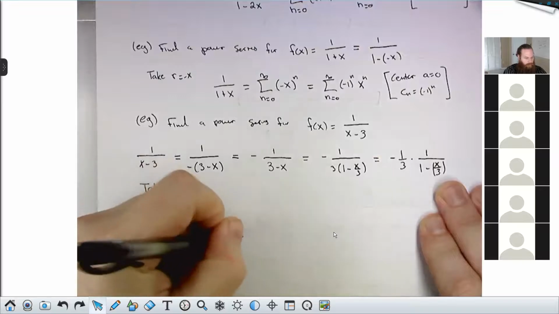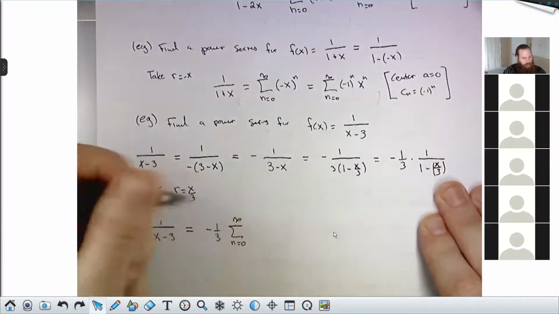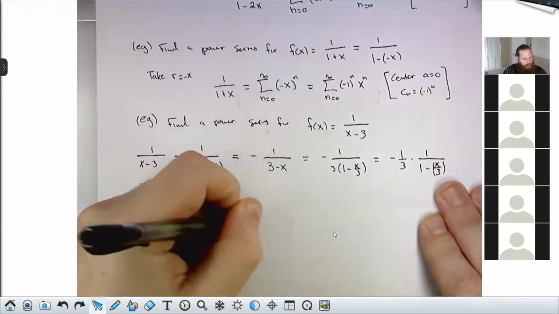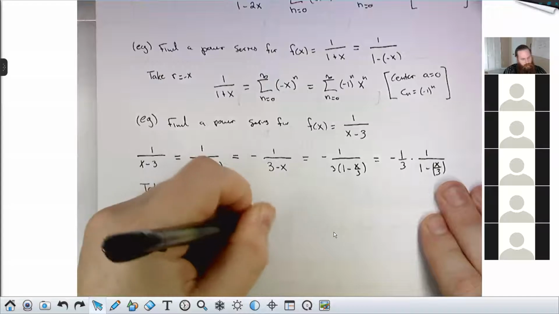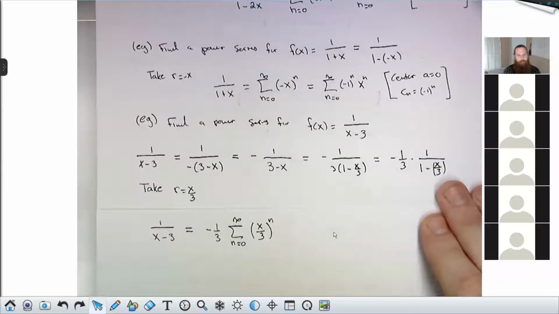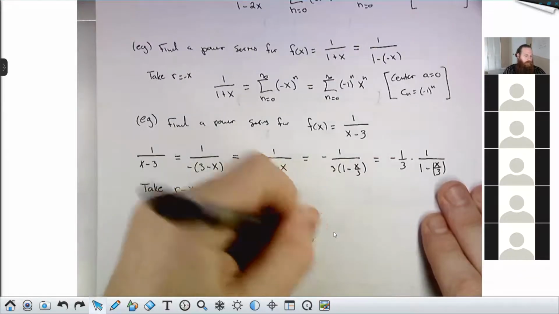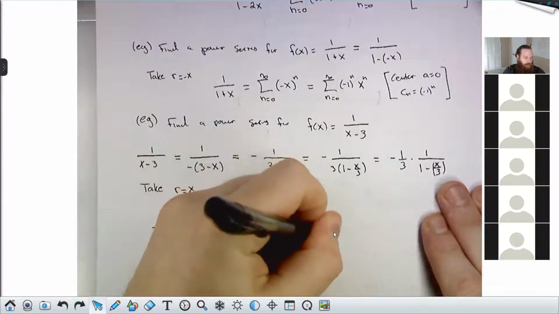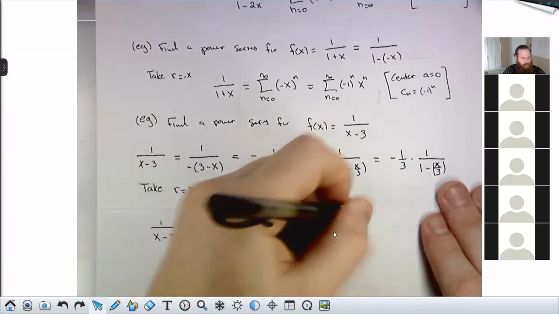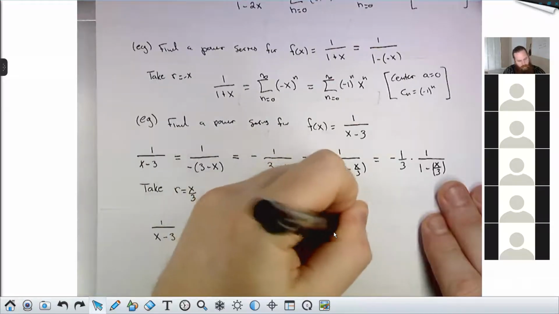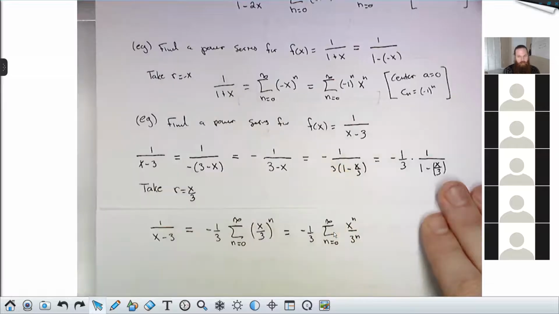So that would be the sum from 0 to infinity, x over 3 to the n. And we can clean this up quite a bit too. That's negative 1/3 sigma n from 0 to infinity, x to the n over 3 to the n.